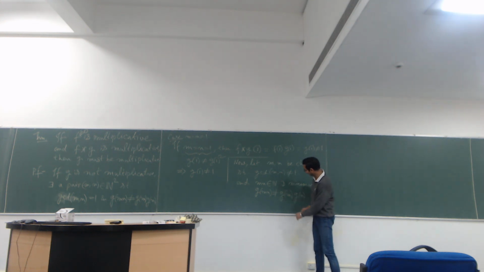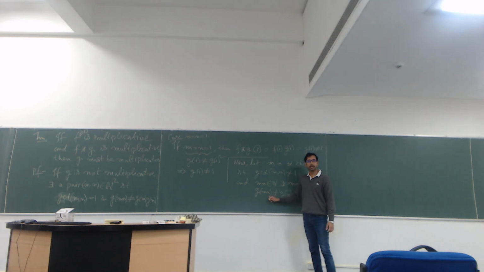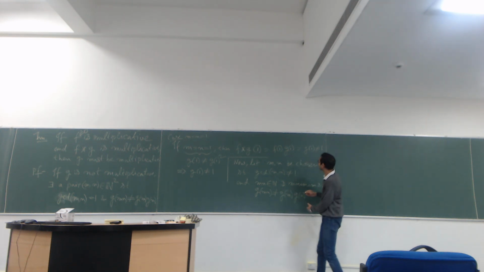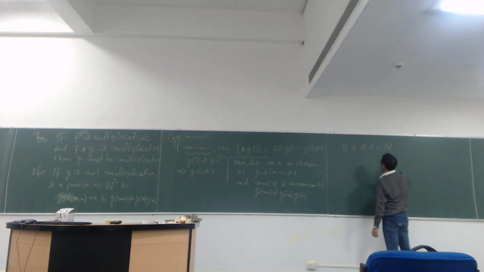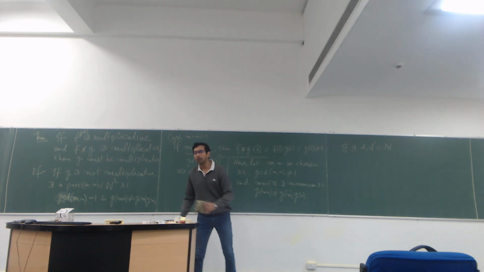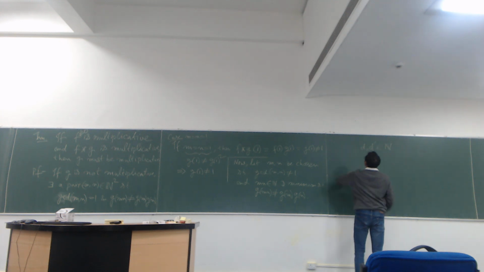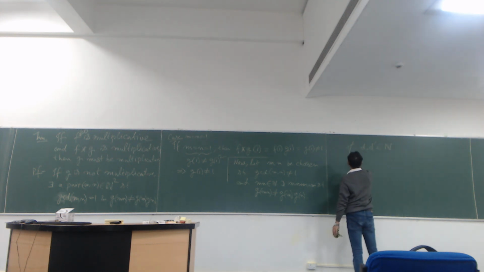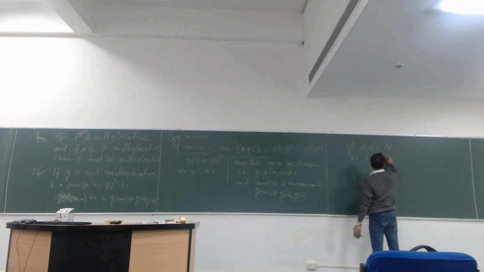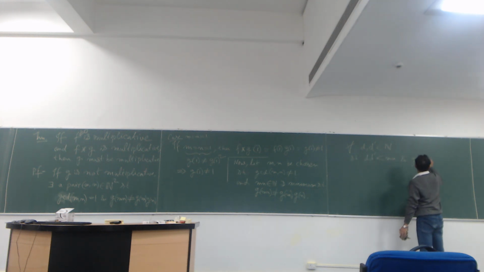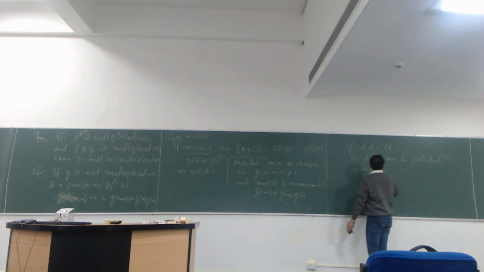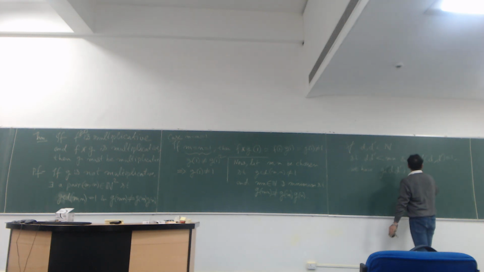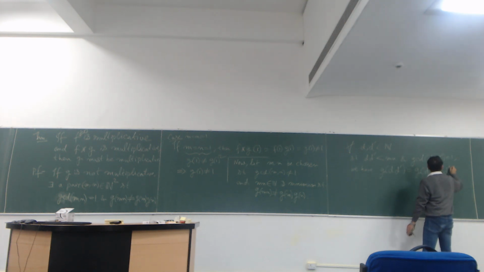Before doing that, note one thing: for all pairs d, d prime in N, for which d times d prime is less than MN and GCD of d and d prime is equal to 1, you must have G of d d prime equal to G of d times G of d prime.